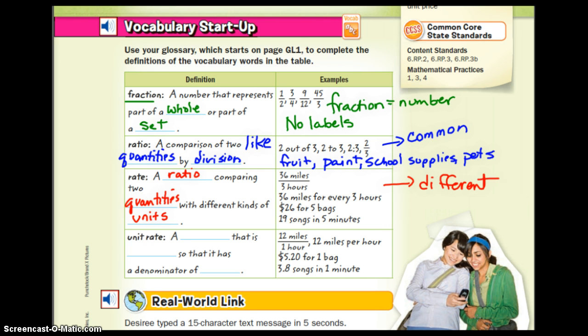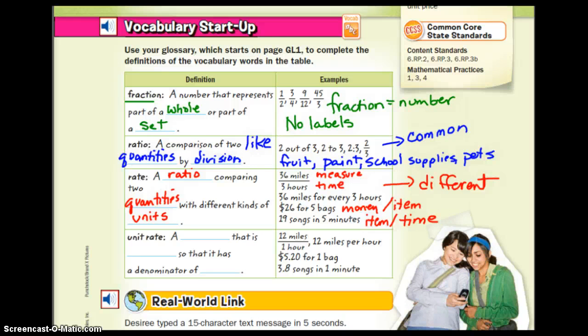In this case, we have miles, which is a measurement, and hours, which is time. We have money compared to an item. And lastly, we have an item compared to time. Notice again that they're two different types of quantities.